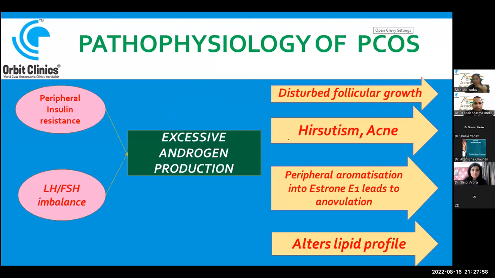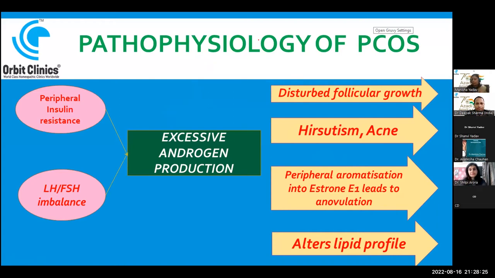Next topic is the pathophysiology of PCOS. Now, the etiology you just know now: this genetic predisposition, environmental factors, obesity, and this hormonal imbalance. These are all interplaying in the development of PCOS.